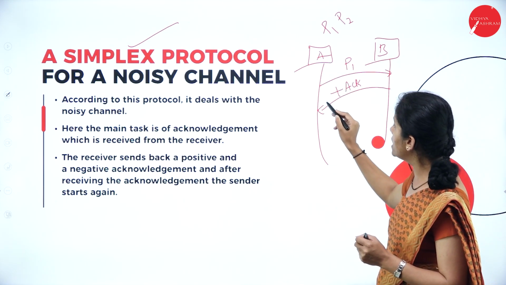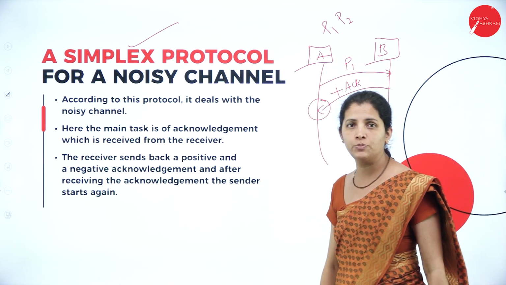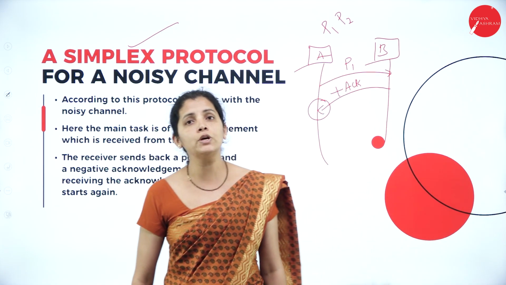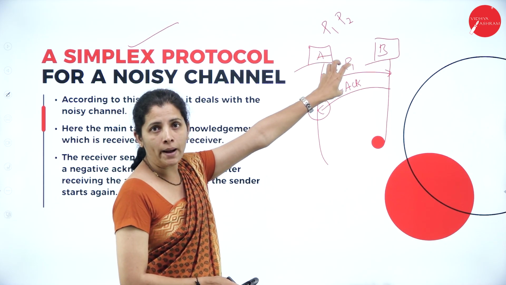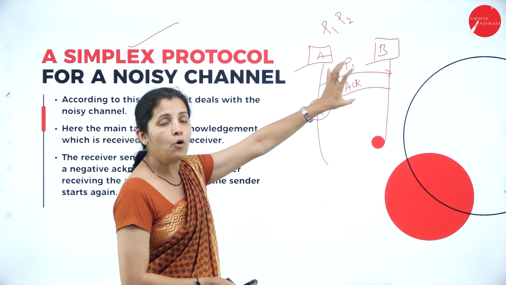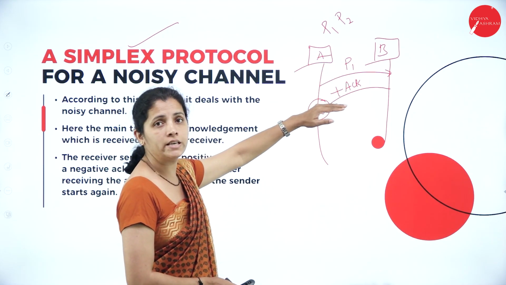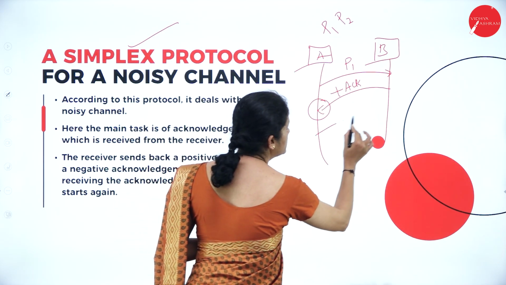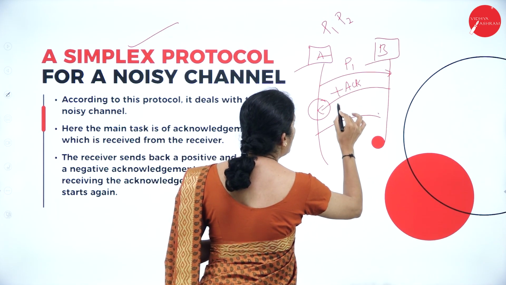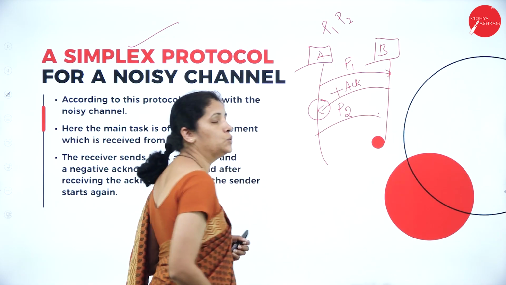Now, when A receives this positive acknowledgement, A is going to understand that P1 is received by B and that B wants to receive P2. So, A is going to send the packet P2.